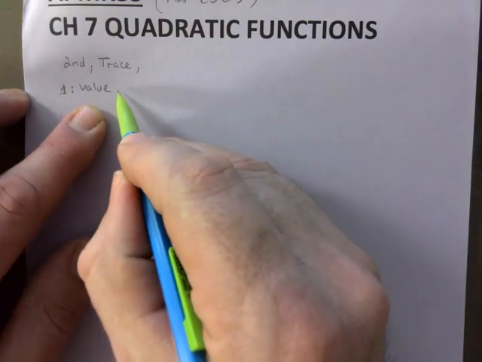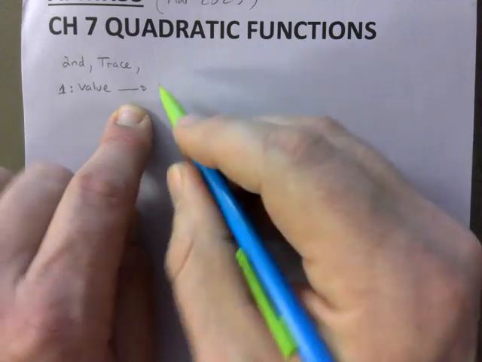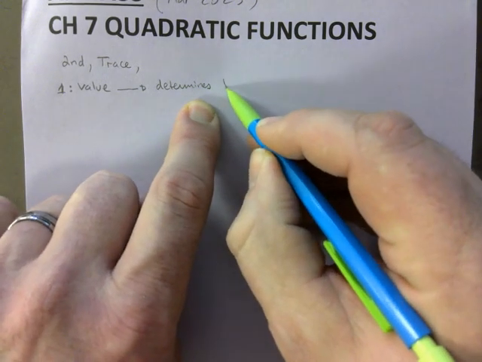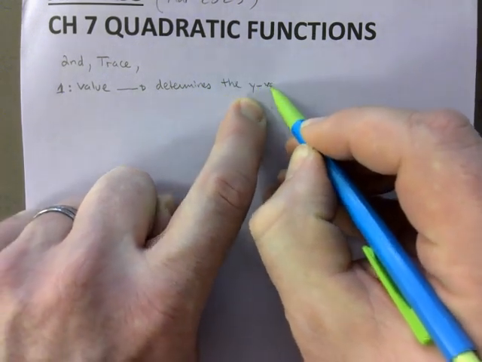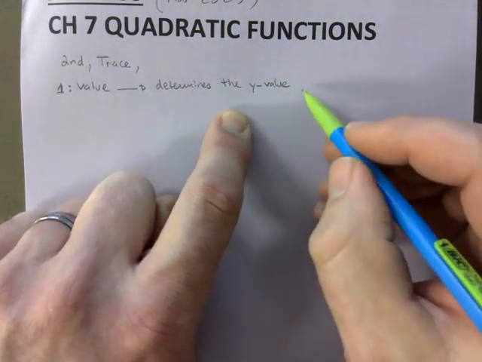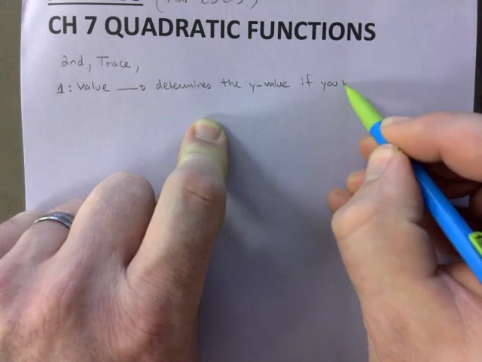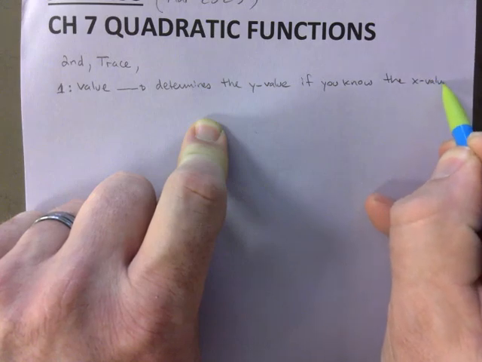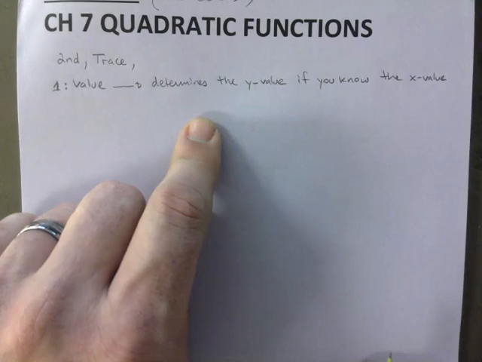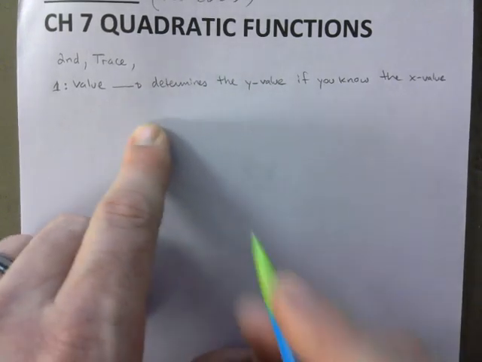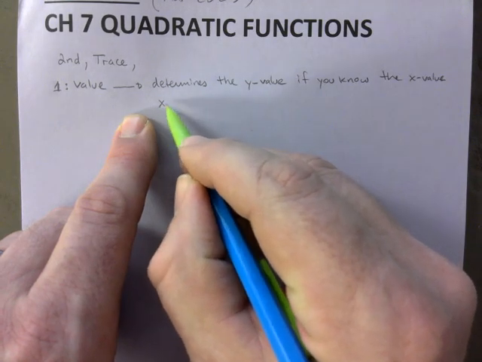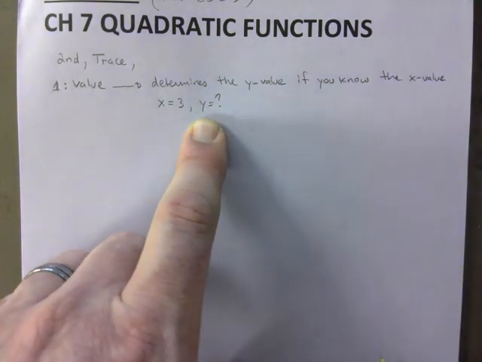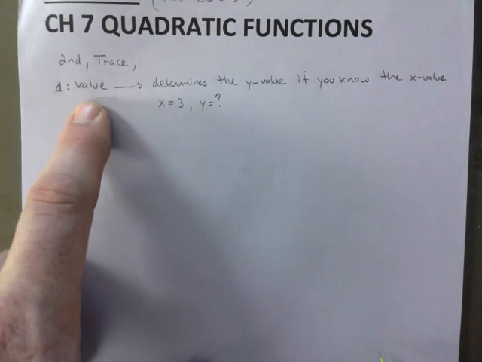This option determines the y value if you know the x value. So basically, if you know that x is equal to 3, let's say, and you don't know what the y value is, you want to be using this function right here.